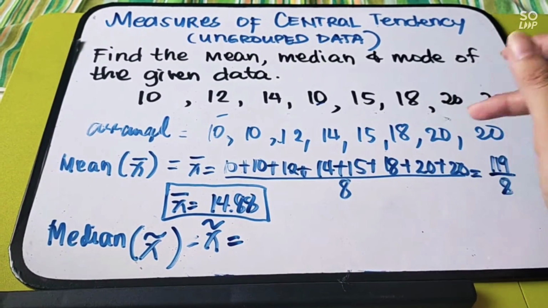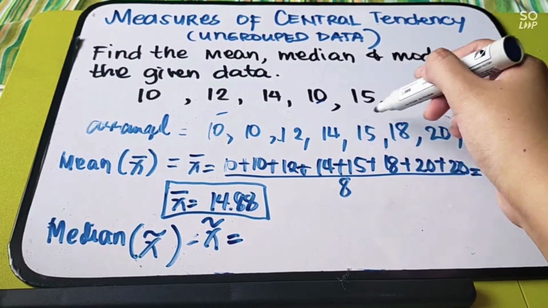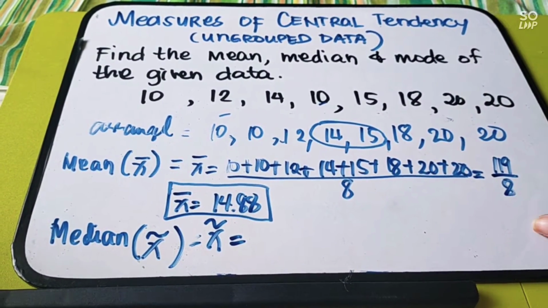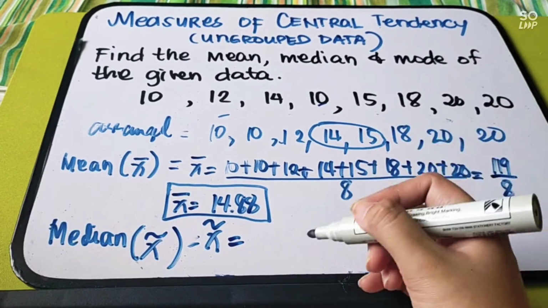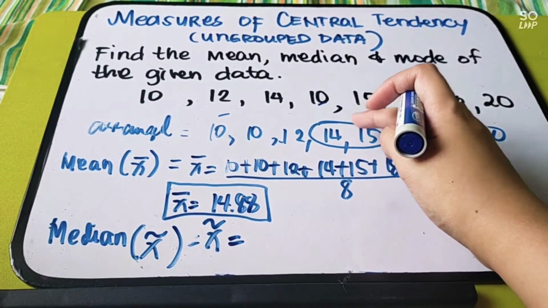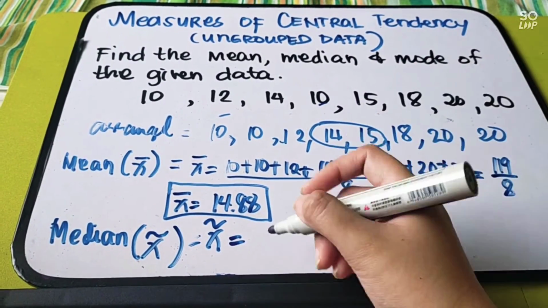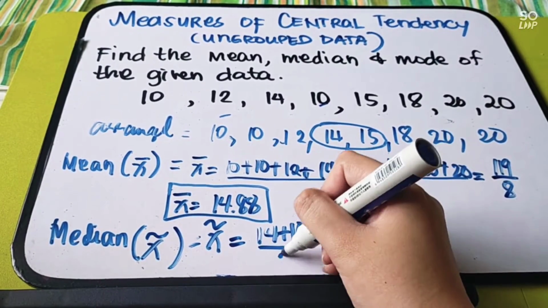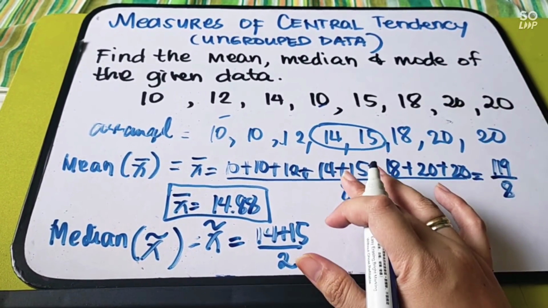Since we have 8 data, we will have two middle data, 14 and 15. To find the middle number, you need to find the average of 14 and 15. So, we have 14 plus 15, then divide it by 2, because we have two middle numbers.